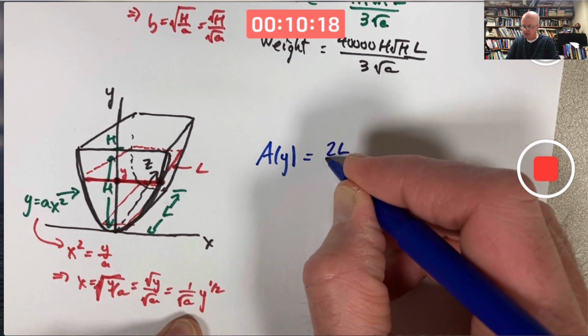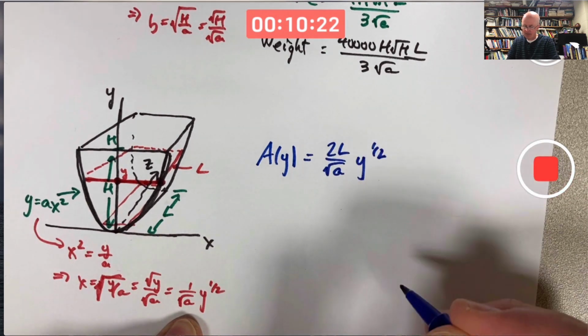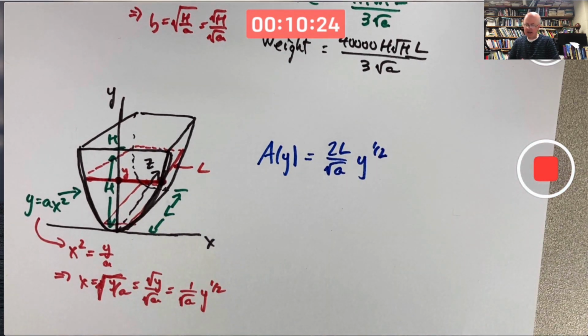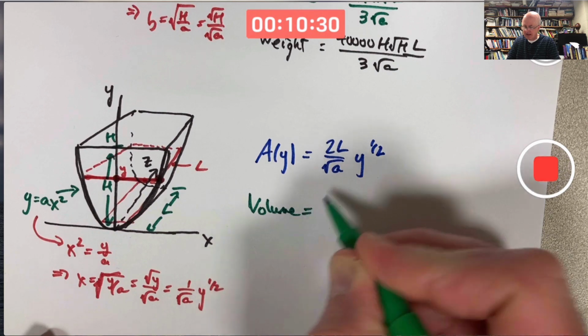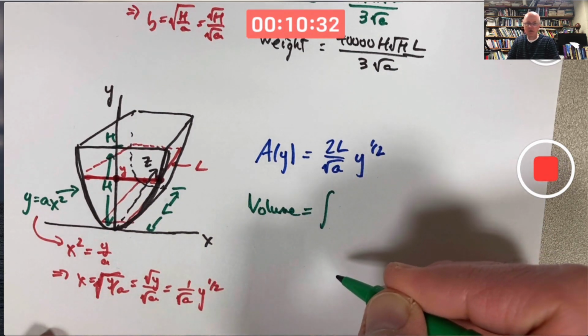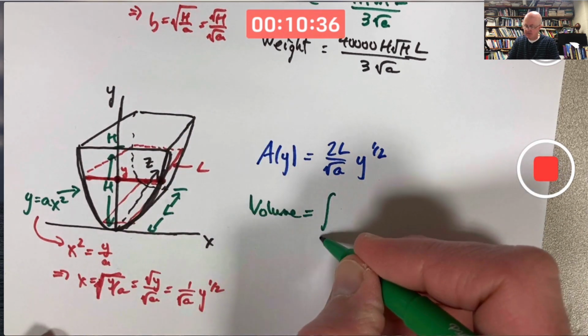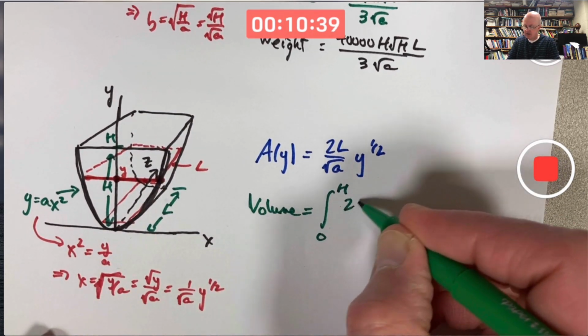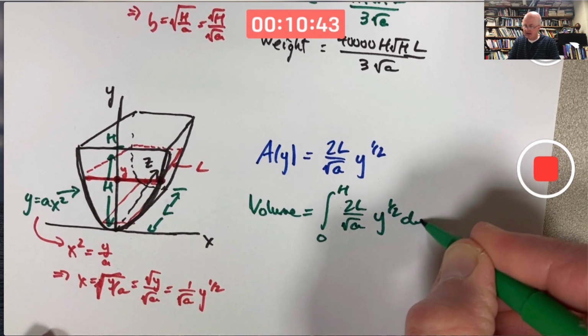I'll have 2L over square root of a y to the 1/2. And that is going to mean the volume can be found by integrating that function from y goes from 0 up to h. 0 to h, 2L over square root of a y to the 1/2 dy.